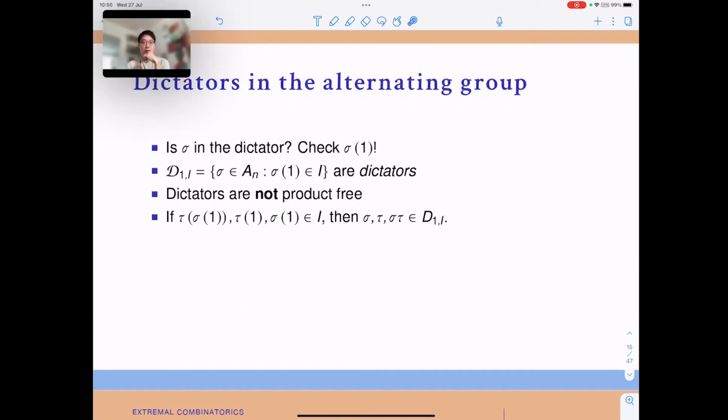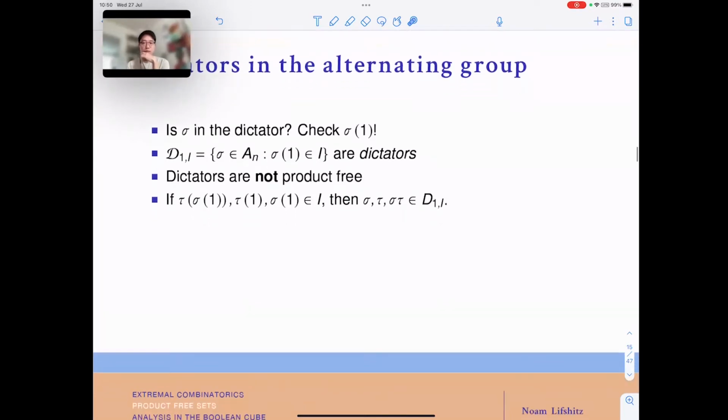But I told you that dictators are product free, and they are in fact extremal product free sets. But actually, if you define it like that, they are not product free.